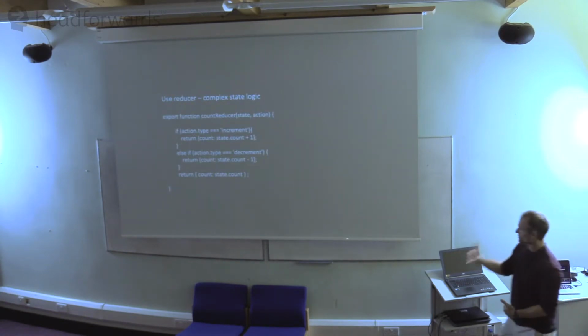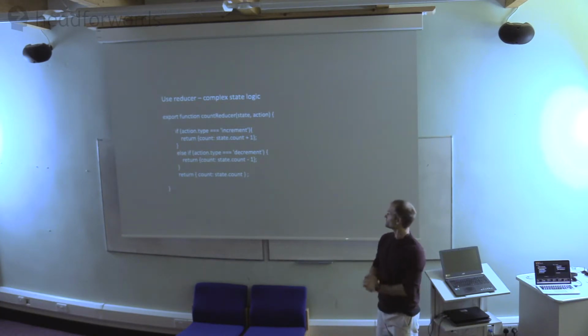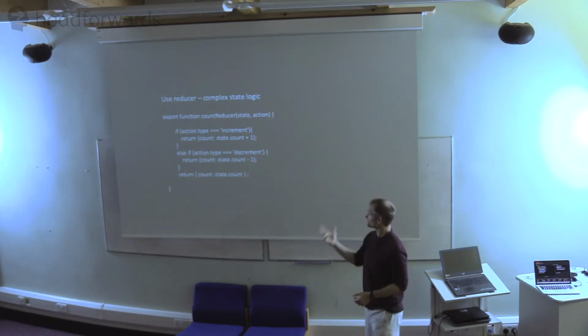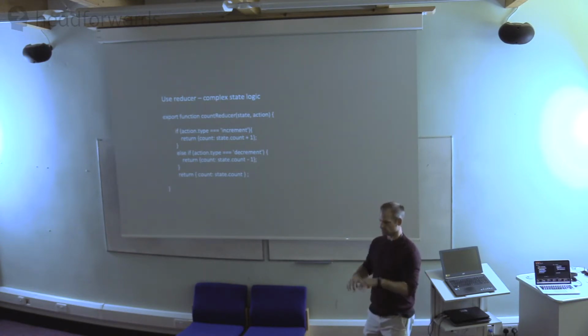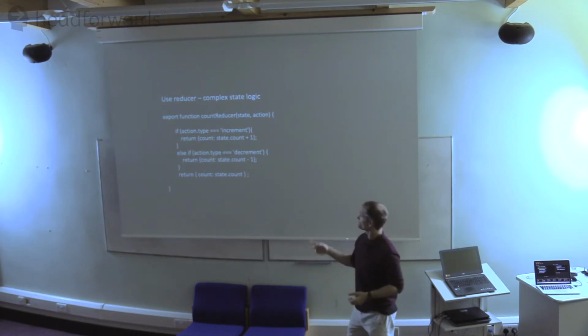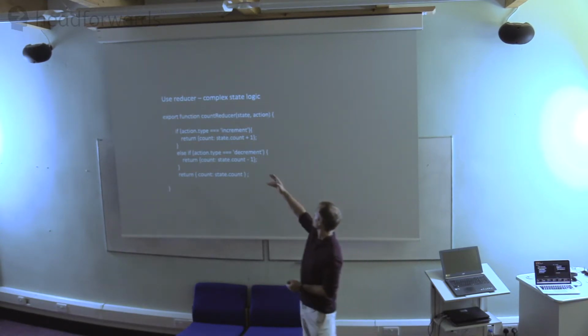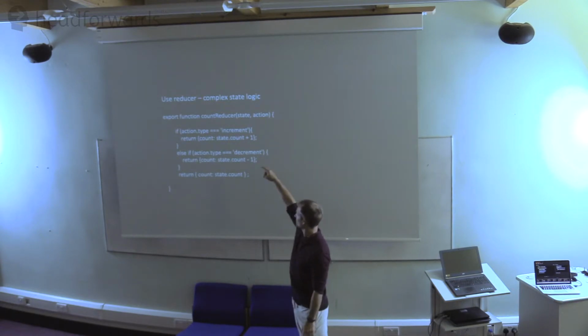Slightly more complex. They suggest that it might be useful to extract more complex state manipulation or setting of state into a reducer. If you're familiar with things like Redux, then you might know this pattern where your reducer takes in a state and action, and whatever the action type is, it does something.